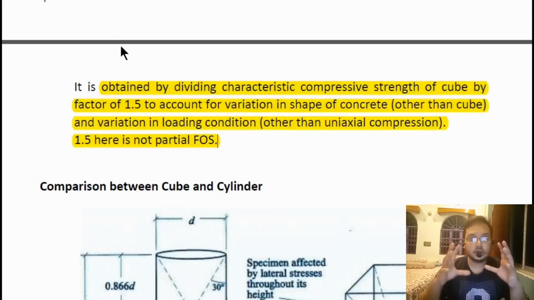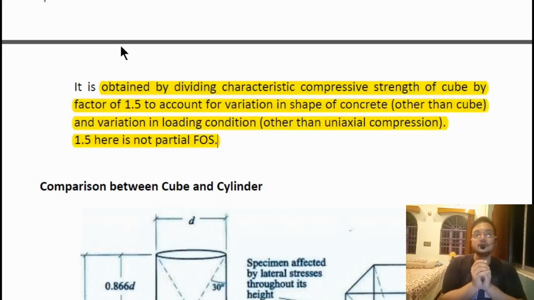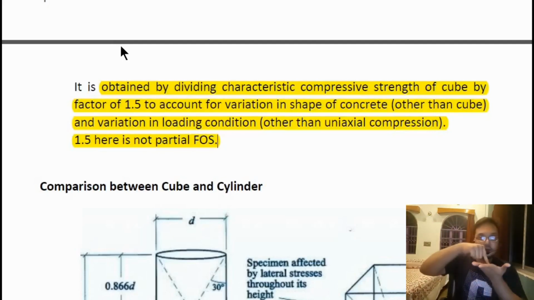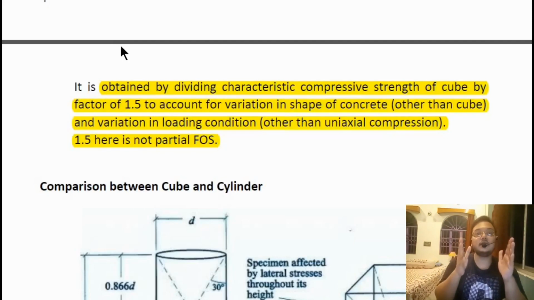So now we had a particular loading condition, that is we had uniaxial compressive strength, and apart from that we were conducting the test on a particular cube of particular dimension. So apart from the variation of the shape and size of that cube, or anything other than cube, we want to generalize the strength for that particular grade of concrete. And I will also have different other loading conditions.